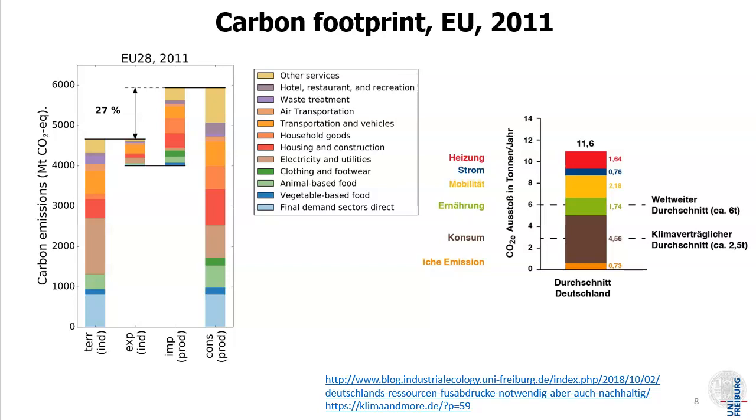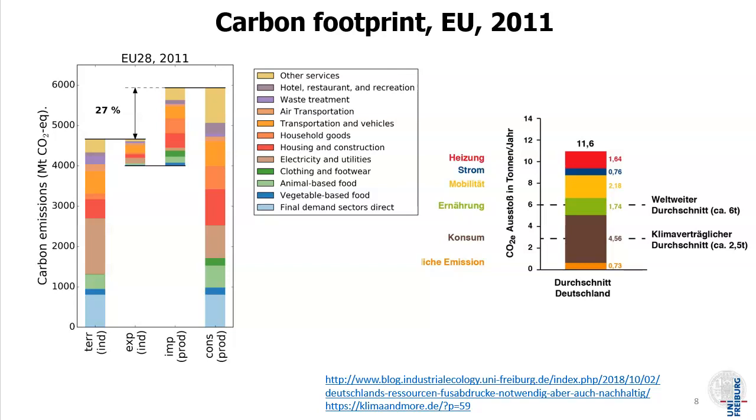They are at roughly 4,700 megatons. And then the second column from the left are the emissions that are embodied in exports. So these are emissions that happen within the EU, but they are attributed to consumption in other regions because the goods are eventually exported to other regions. So this can be calculated also with the footprint approach.